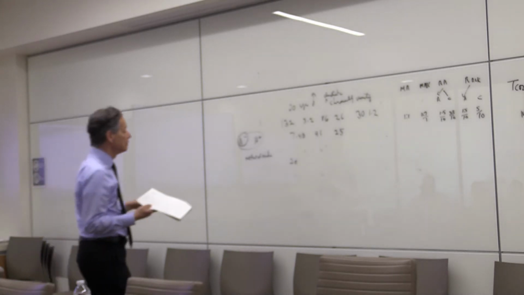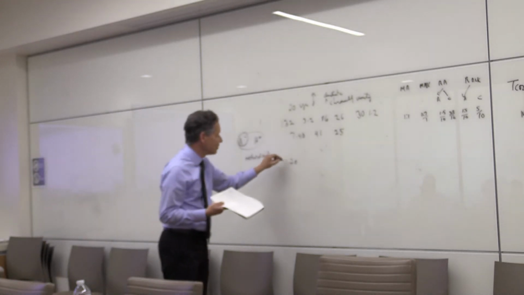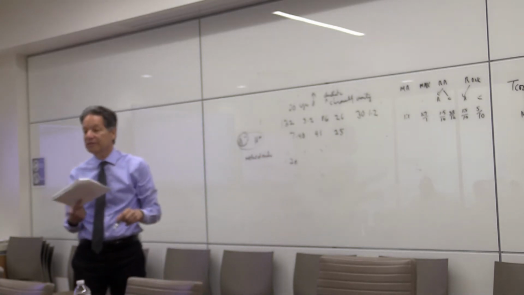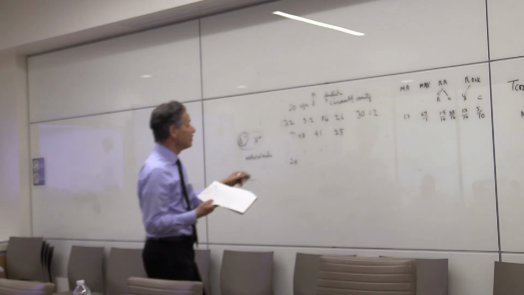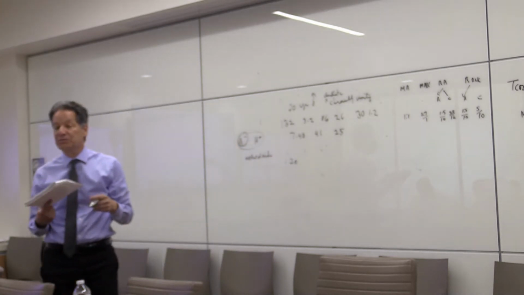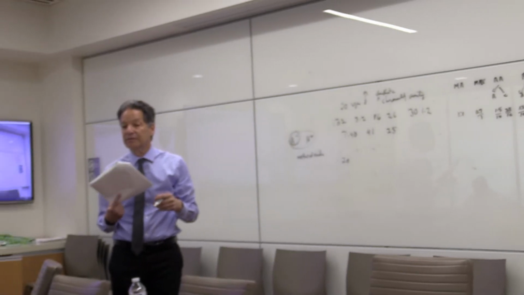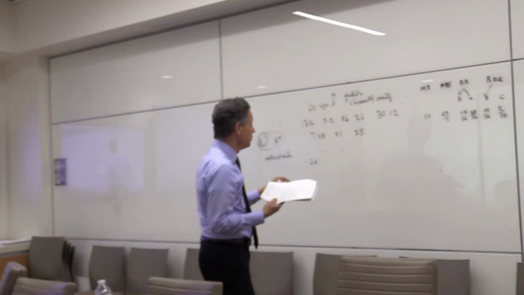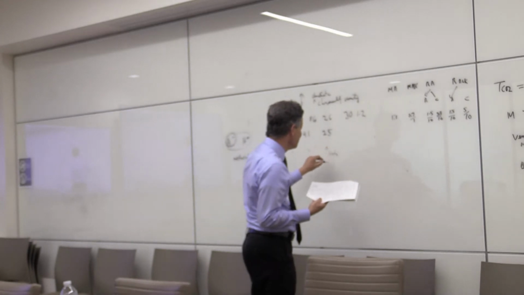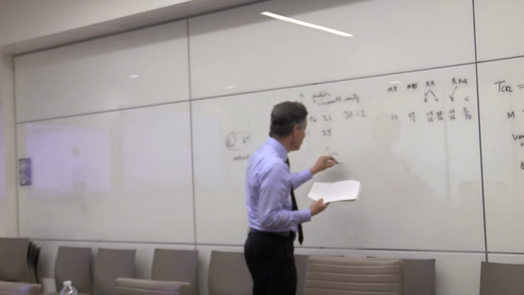So the fact that the anion gap's increased means you must have had a proton load, and yet the bicarbonate is 25. So that tells you there must be something increasing it. So what's increasing it doesn't have to be metabolic alkalosis. It could be respiratory acidosis. You always have to think of that.